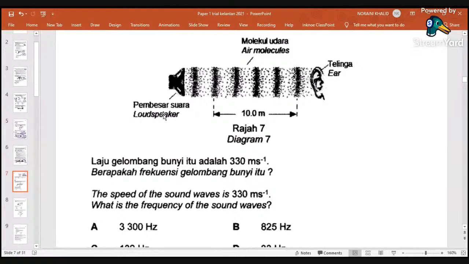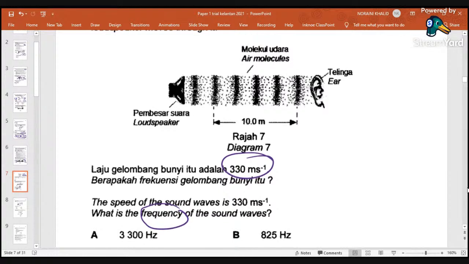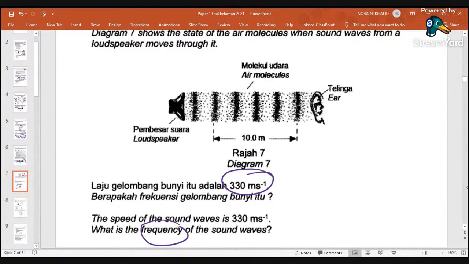What we want to determine, given the speed, is the frequency. In diagram 7, we can see compression, rarefaction, compression, rarefaction, compression, rarefaction, and so on.